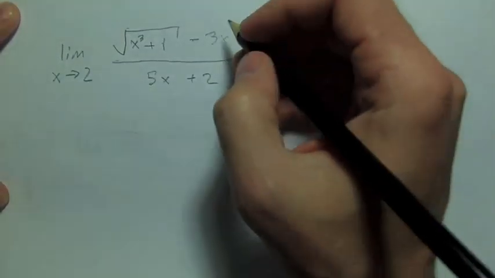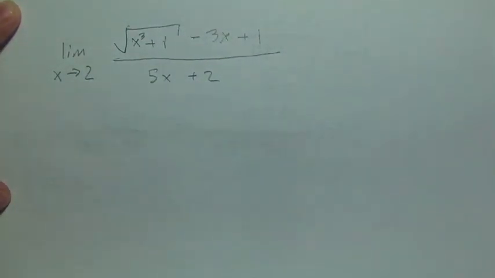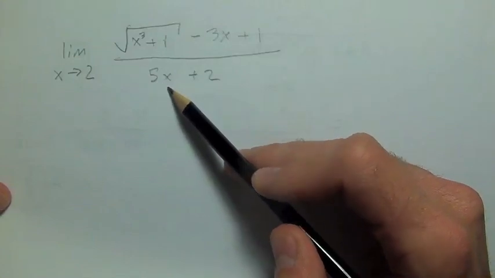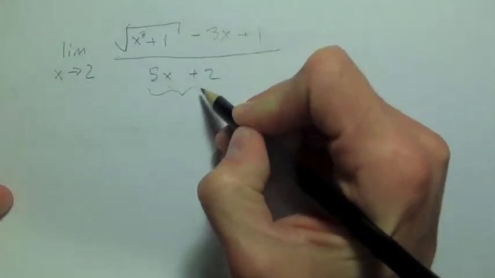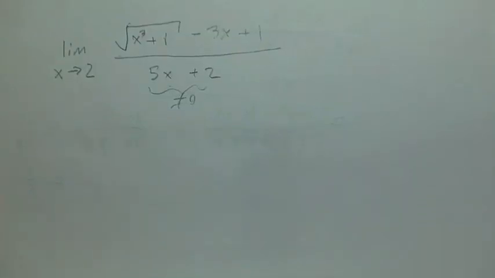So you can see that it's coming out okay. Now again, like I said, let's try plugging into the denominator and seeing what happens. If I plug 2 into the denominator, I'm going to get 10 here, plus 2, so that's 12. Denominator is definitely not equal to 0. So we can pretty much just proceed normally.